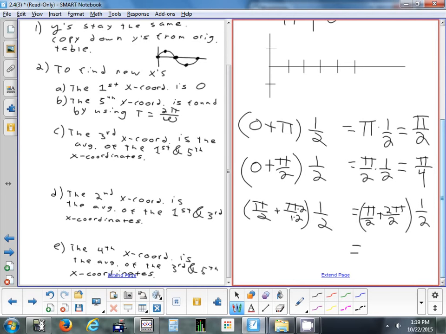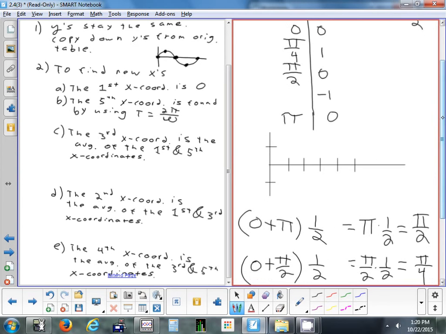Rachel, what's pi over 2 plus 2 pi over 2? 3 pi over 2. Take half of it. That's 3 pi over 4. And that's the worst type of problem you can have arithmetic-wise. Any questions on the table?